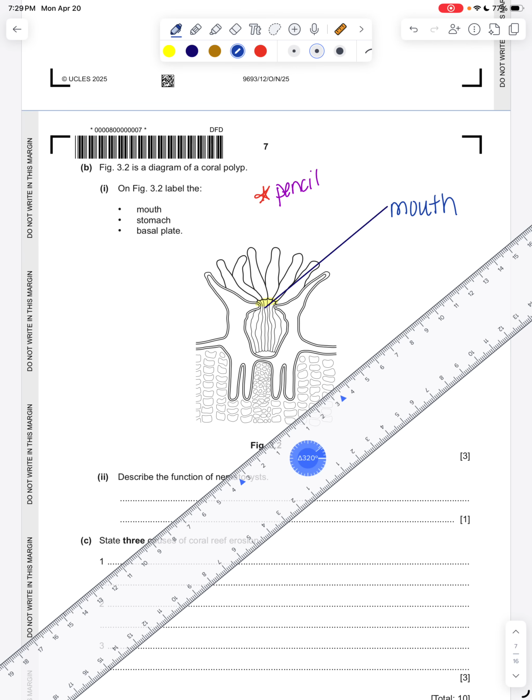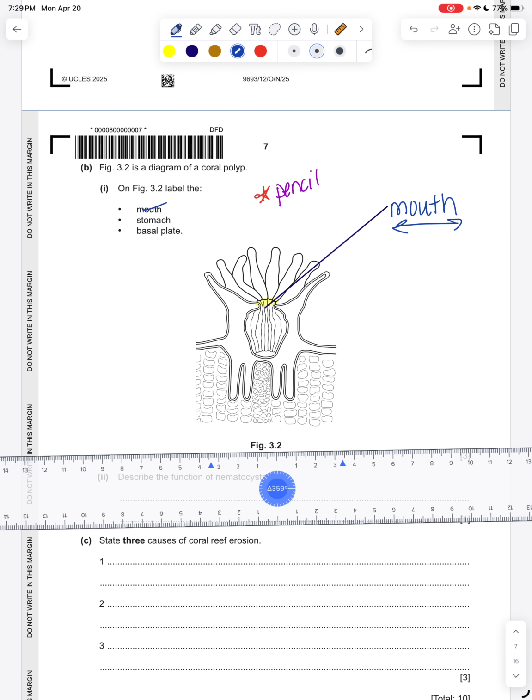However, this label itself, like mouth, has to be written horizontally. You don't have to put a box around it. You don't need to underline it. We don't want to be doing something like this, because what is your grader going to have to do? They're going to start turning around your paper. We don't want to be obnoxious.